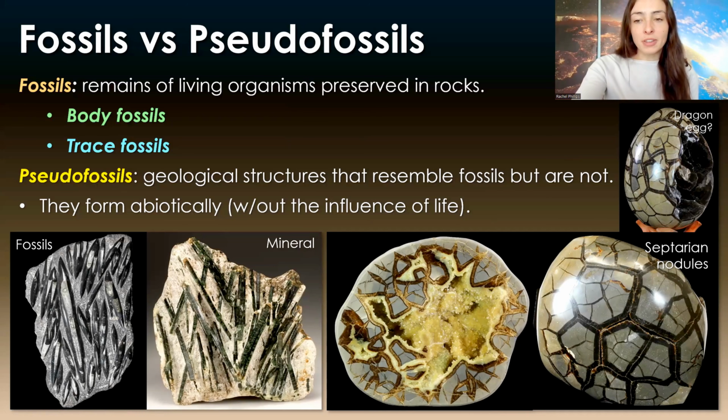And often they're polished into the shape of the dragon egg. They don't typically look like that to begin with. So these are another one that not only resemble fossils, in this case eggs, but also are marketed as fossils as well, which exacerbates the problem of mistaking abiotic signatures as fossils.